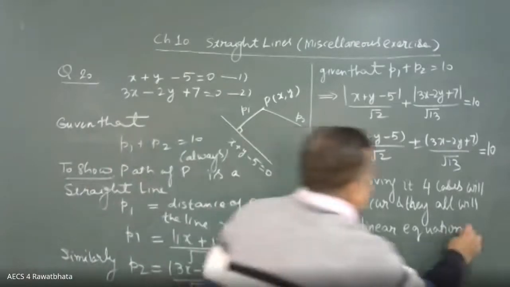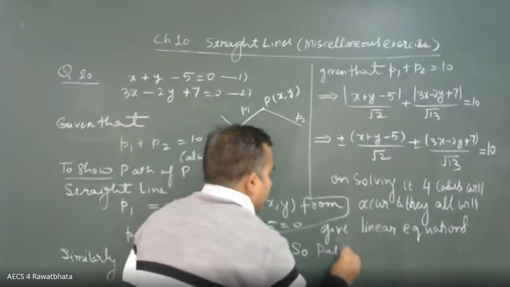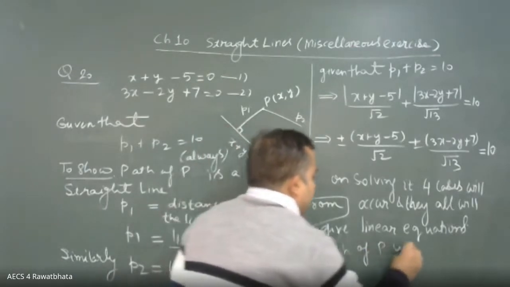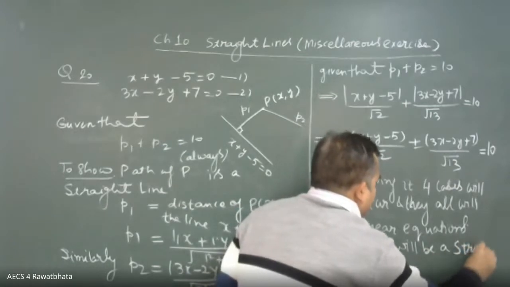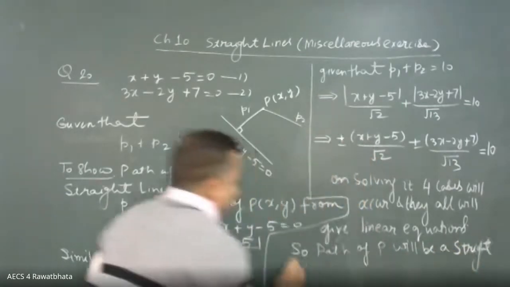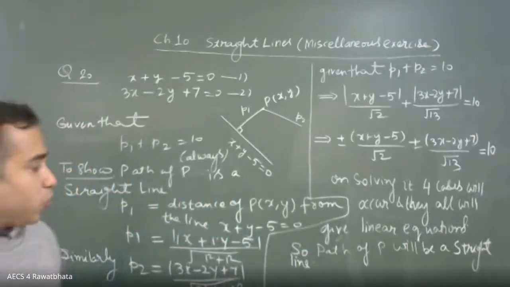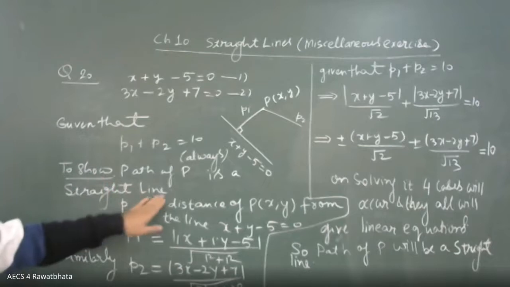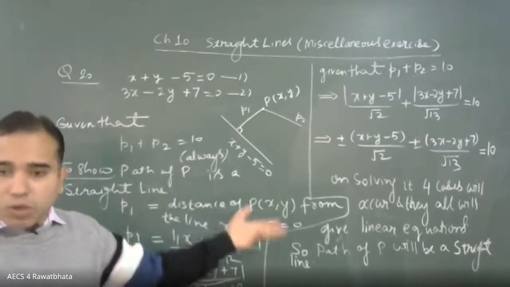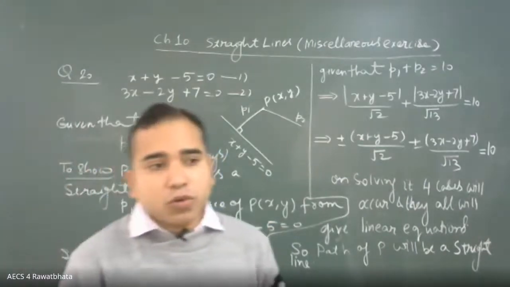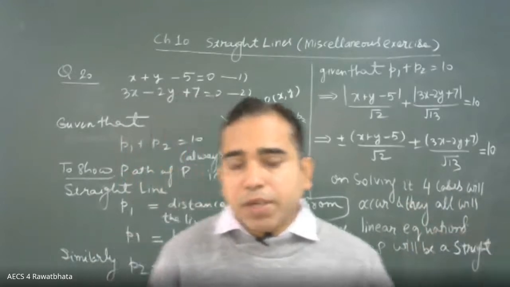So in all the cases, the path of P will be a straight line, right? So we need not find it unless it is written in the question, because it will consume time. Not needed. We just have to ensure that on simplification, its equation will be a linear equation in two variables.